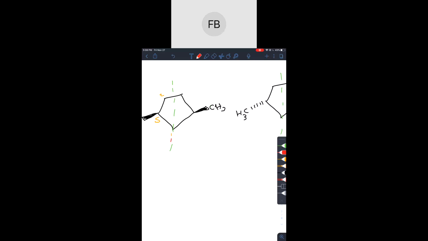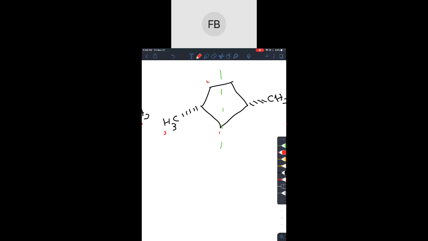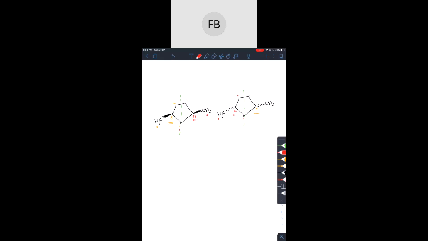That's going clockwise, and the hydrogen is back, so that's R. Let's do this one over here. This one is S. So we see that basically there's an S and an S, and then an R and an R. So it's identical.